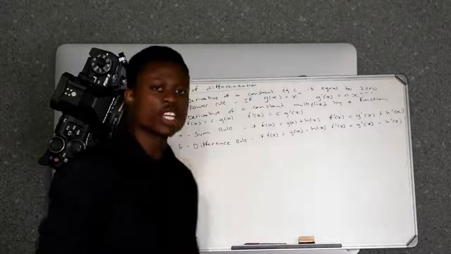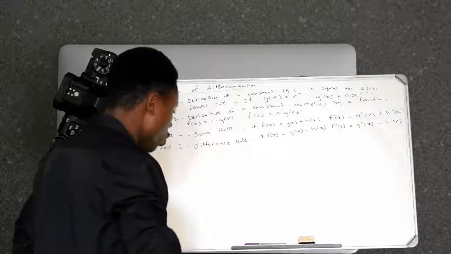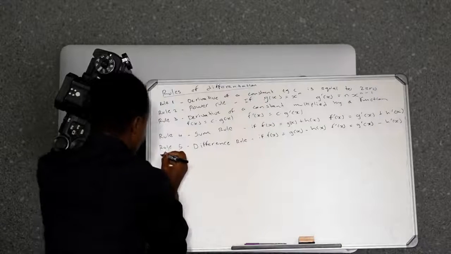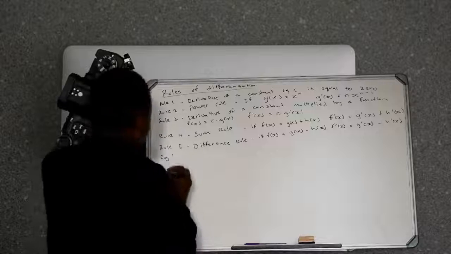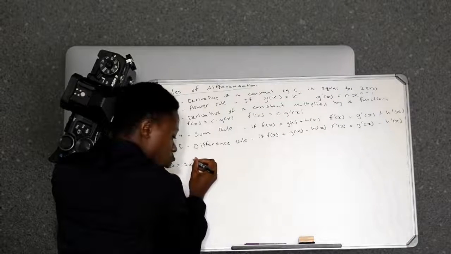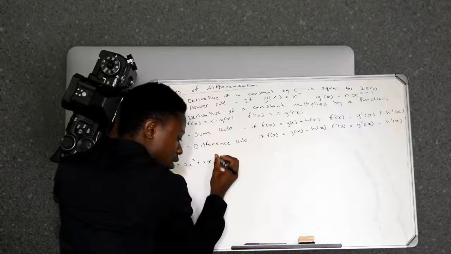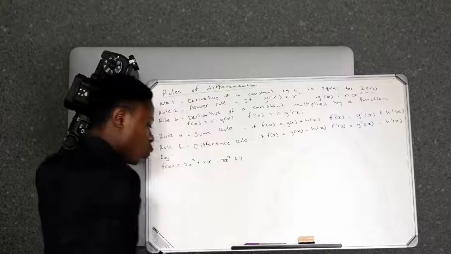So now let's do an example so that we can really grasp the concepts of what I'm saying. So example 1, let's look at it. So what does example 1 say? It says f of x is equal to 2x cubed plus 2x minus 3x squared plus 2. Right?